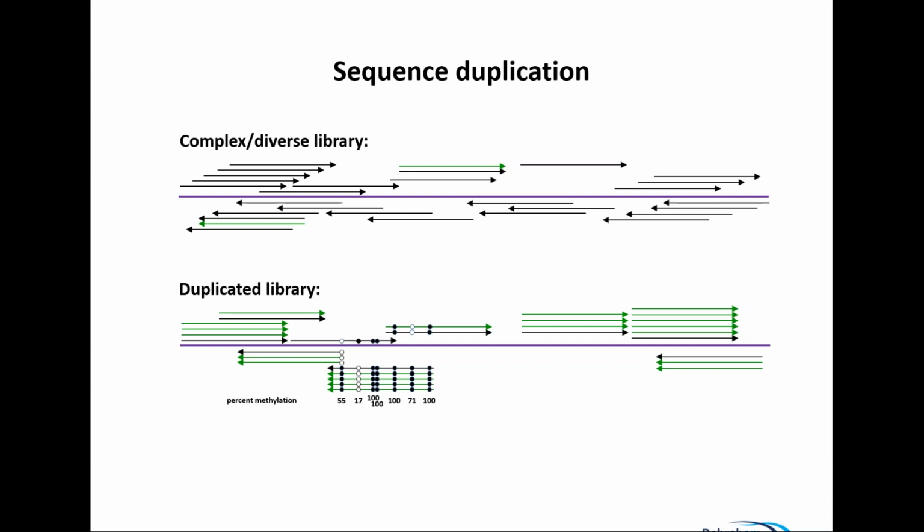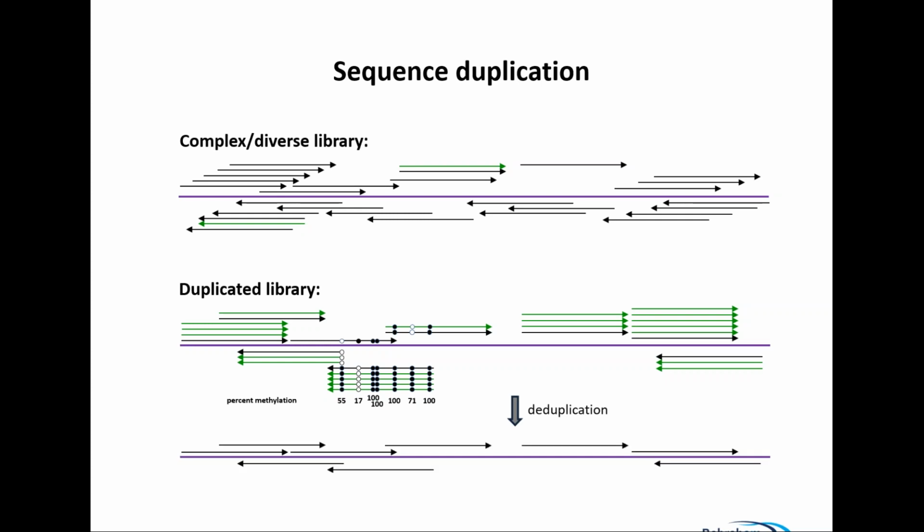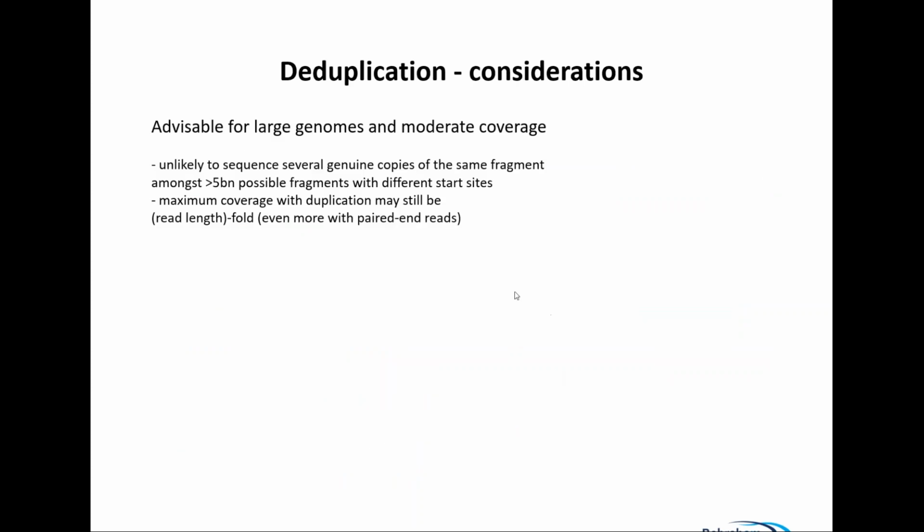And we would normally recommend deduplicating these libraries if it was a genome-wide sequencing assay, which would in this case collapse all the reads that are exactly identical down to a randomly chosen one. So you can see that you will lose quite a lot of reads in this case, and this can also mean that the methylation levels change at certain positions. But still, this is something you should probably be doing.